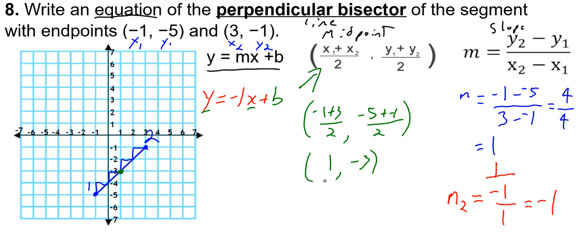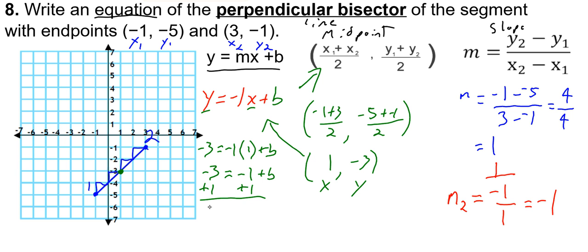So this is my x value, and this is my y value. As I use my slope from before, I'm going to have my y, -3, equals -1 times my x, which is 1, plus b. So I get -3 equals -1 plus b. Isolate b, so I'm going to add 1 to both sides.